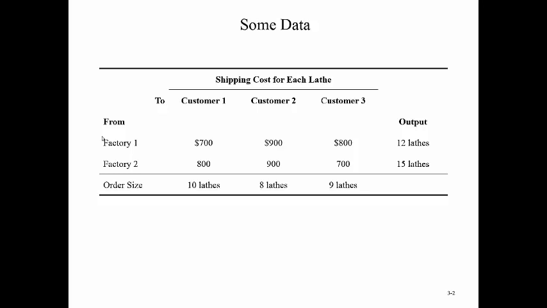Now, on the far right is the output. That represents the capacity of how many lathes can be created by each of the respective factories. And the bottom row represents the demand, the amount requested from each customer: customer 1, 2, and 3, amounts of 10 lathes, 8 lathes, and 9 lathes.